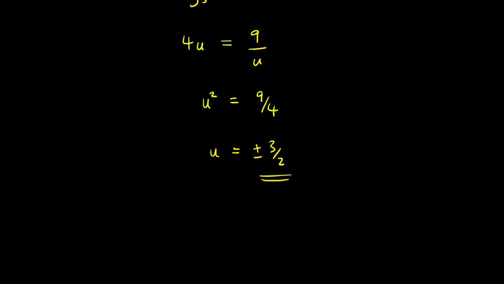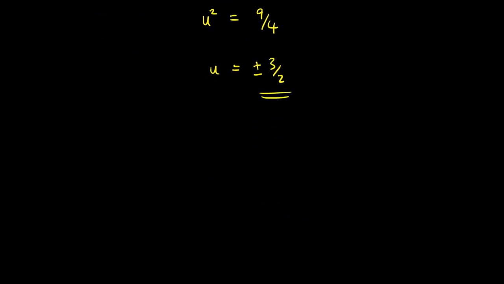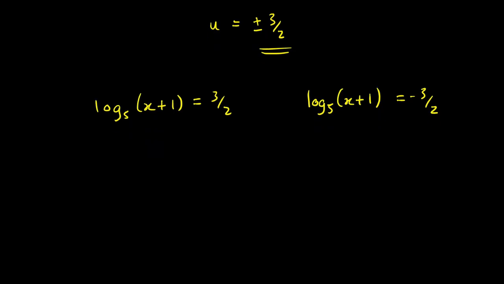Now, wait a second, we remembered that u is log base 5 of x plus 1, right? So actually, log base 5 of x plus 1 is either equal to 3 upon 2, or log base 5 of x plus 1 is equal to negative 3 upon 2. So we need to do both of these.